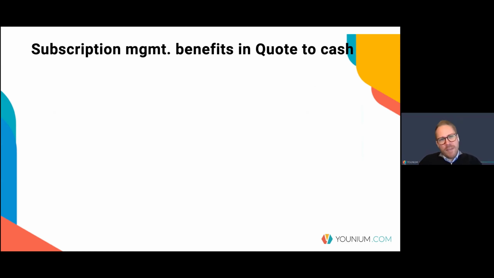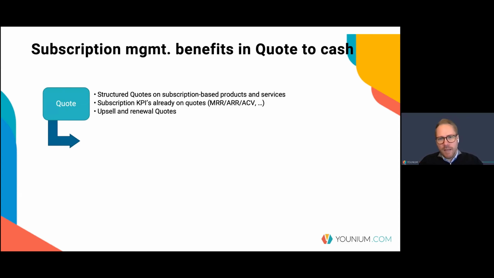And digging a bit deeper into the quote to cash process, because that is something we often see a strong desire to improve, and what benefits you can get from an integrated platform. We start off with quotes. And here, it's really possible to have a structured process that is designed for subscription.